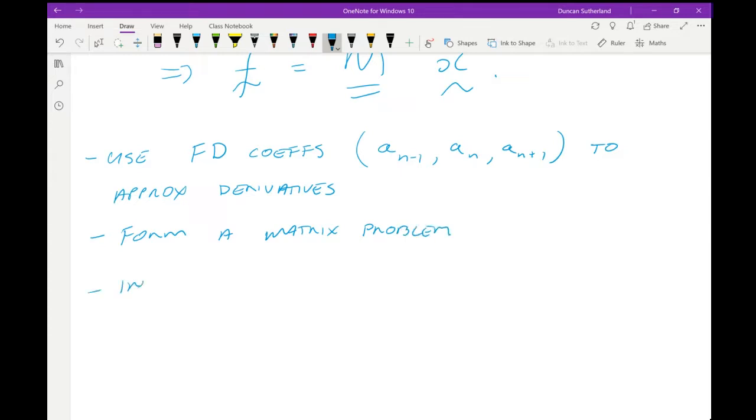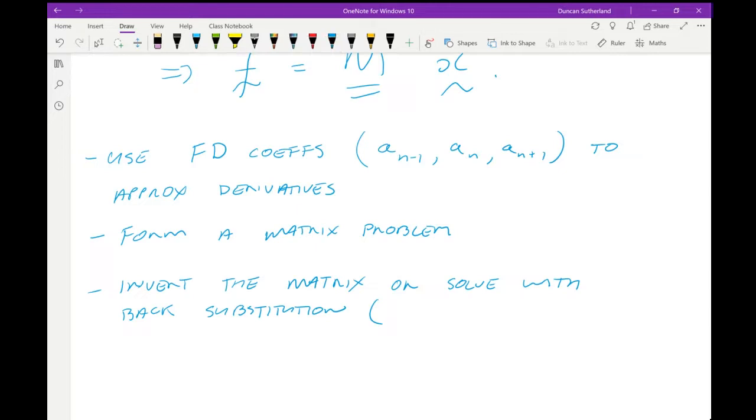We invert the matrix, or solve with back substitution. And because this is hundreds of points, this is a numerical computational solve.